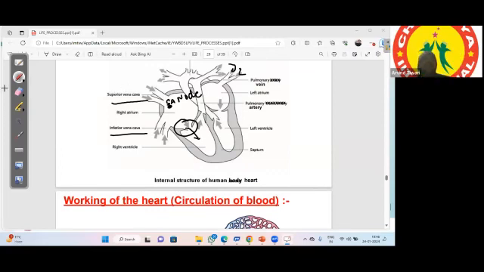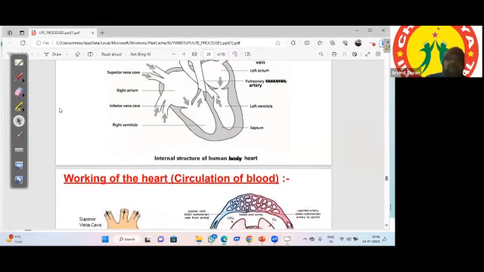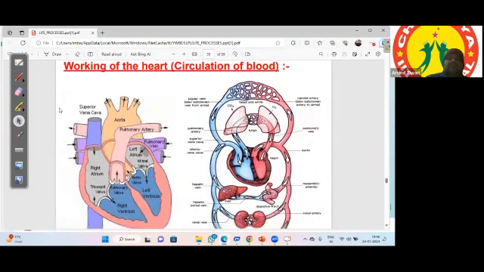The coronary artery is the branch of the aorta, and it supplies blood to the heart muscles. That's the next one. So this thing we had done. Lymph also we have done.